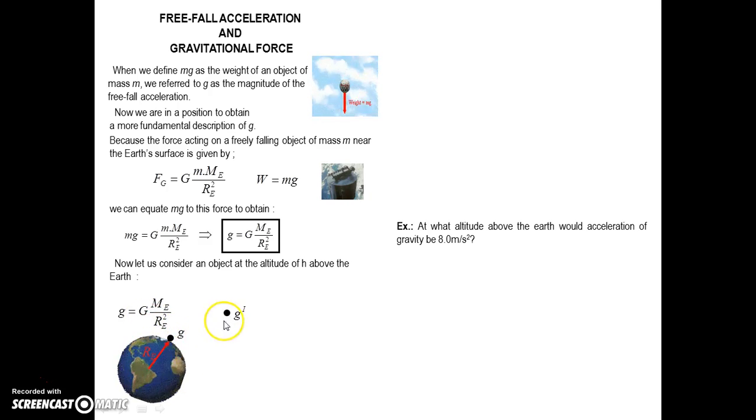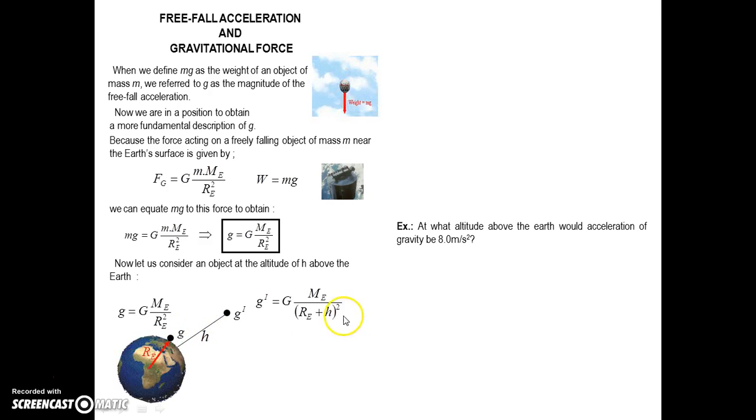But if there is an altitude h between the object and the surface of the Earth, the formula will be G times the mass of the Earth over the radius of Earth plus height, squared, not only the radius of Earth squared. The distance between the object and the center of the Earth is the radius of Earth plus height.